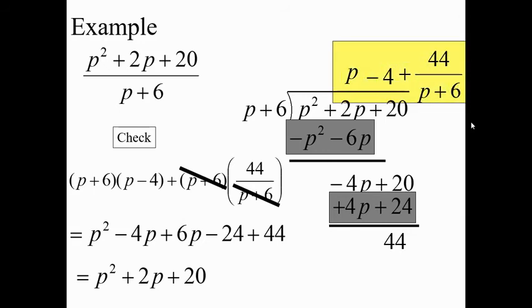Okay, so again, take a look at how our remainder goes over the divisor. Okay, and these two things equal the same thing. The p squared plus 2p plus 20 divided by p plus 6 is equal to p minus 4 plus 44 over p plus 6. Okay, see how those actually are the same thing.